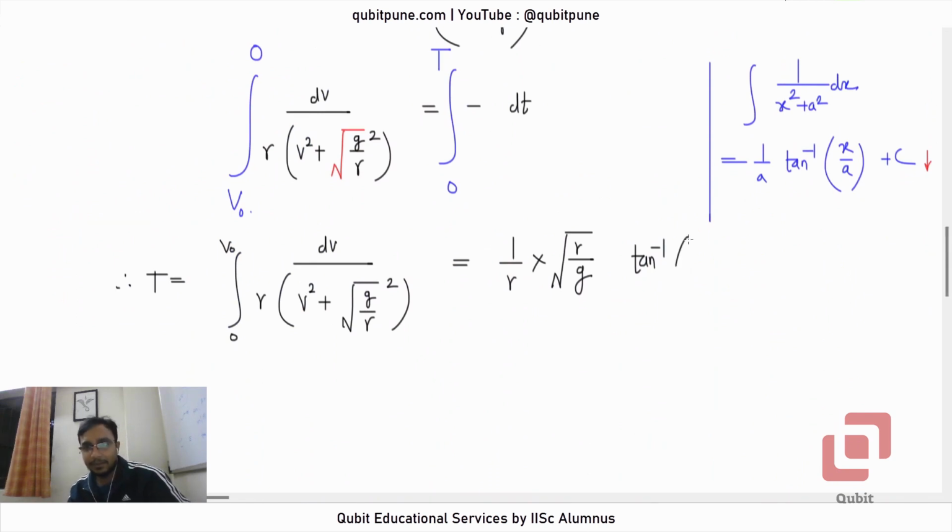Tan inverse of, what will it be now? Root gamma by g v naught, because tan inverse of 0 is 0.